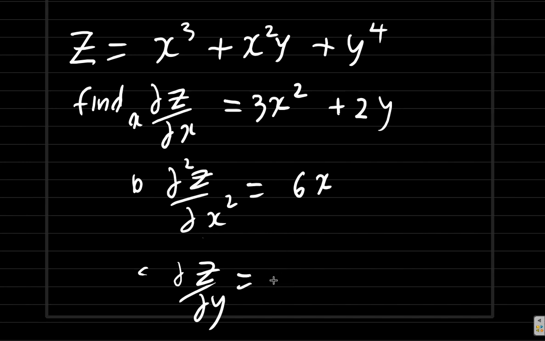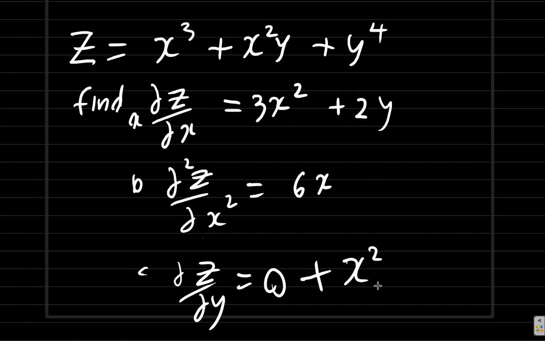So when you differentiate the constant, you get 0, plus y to the 1. And of course, x squared is just a number. When you differentiate a number times y with respect to y, you'll get the number.